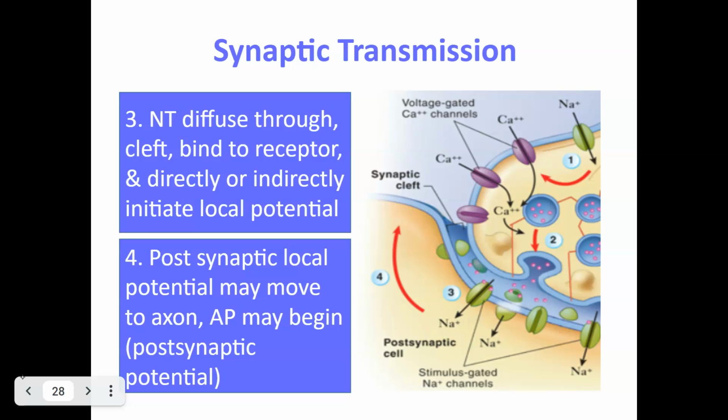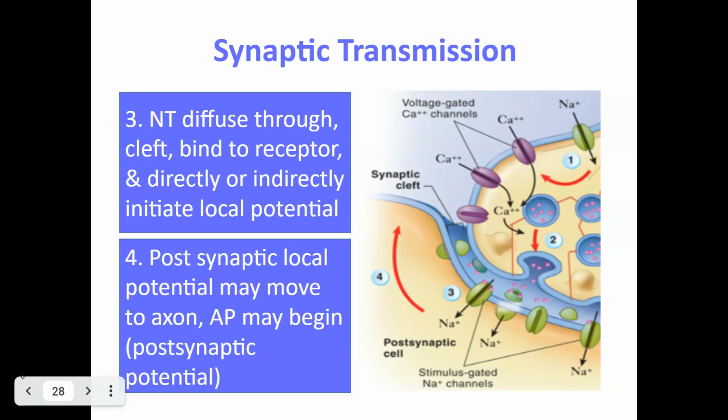At number 3 in our picture, the neurotransmitter is going to diffuse across the synaptic cleft, and it's going to bind to the receptors, and it's going to either directly or indirectly initiate a local postsynaptic potential.